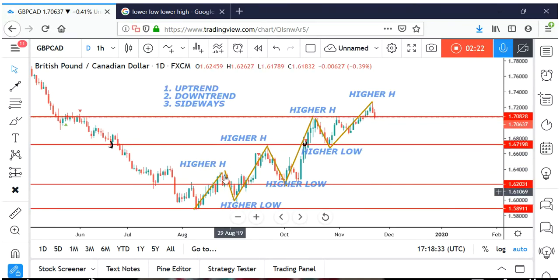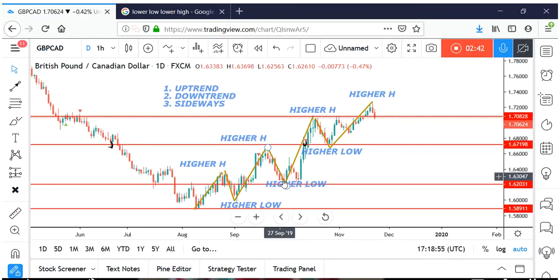Once this was created, what you need to do is wait to see if it's going to make a new high. And then we had a new high, which was higher than this. Then it pulled back again and made a higher low. So this became a higher high, higher low.